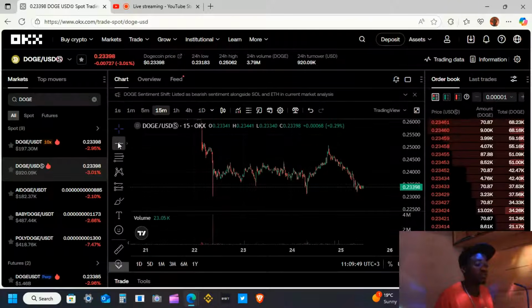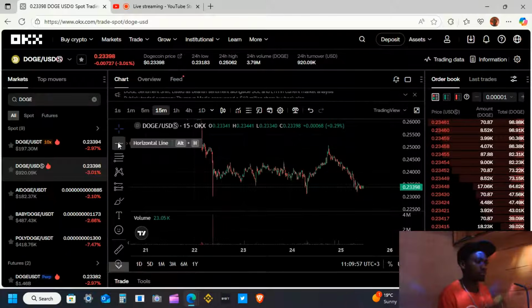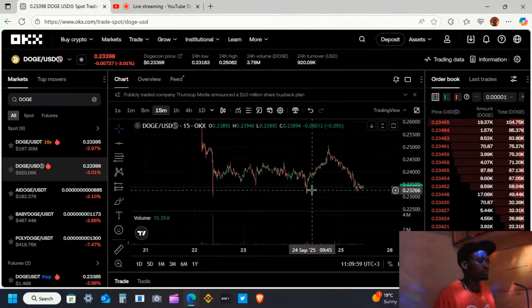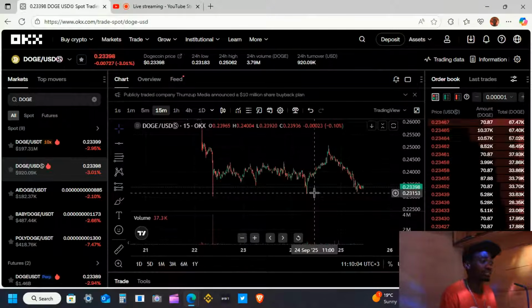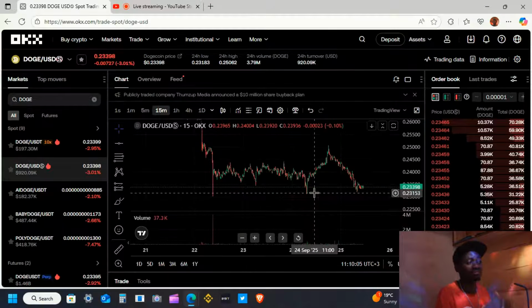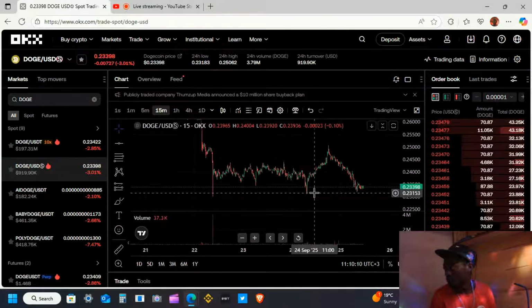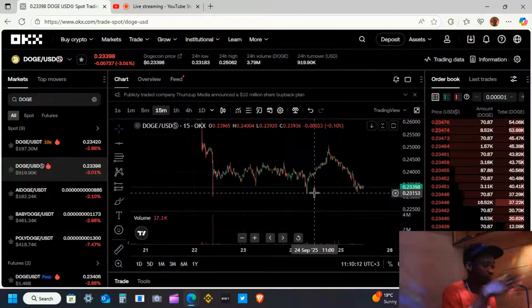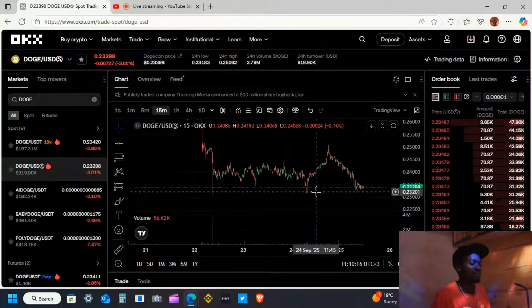If you are a beginner in the crypto space, the easy thing you can do is just check BTC movement, and you'll know every step the market will take instead of analyzing so many coins, because there are more than 10,000 coins in the market and it can be very difficult to analyze all of them.